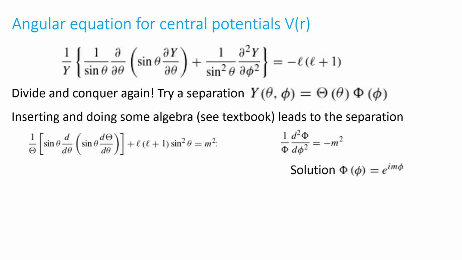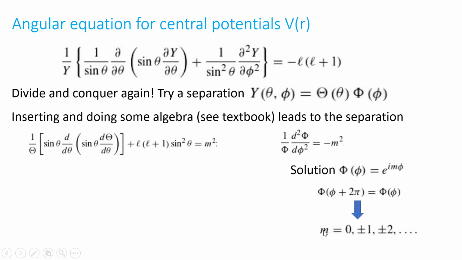And then something interesting happens because we're dealing with the phi variable, and it repeats because it's an angle. As you spin around the axis, the function should repeat every 2 pi. So if we add 2 pi to phi, we should get back the same value for the function as we had at phi.